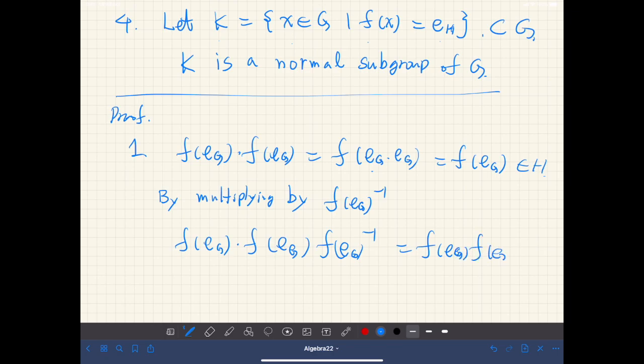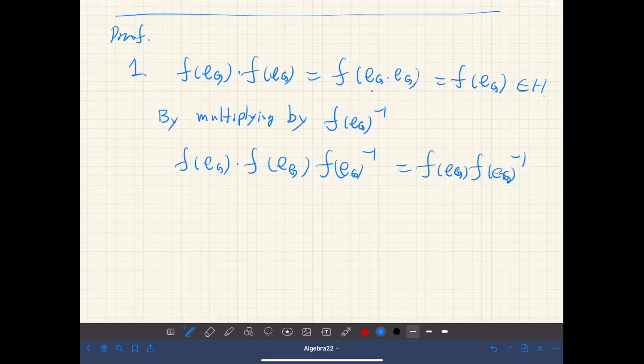But this is equal to the identity element of H, and this part becomes the identity element EH. But since this is the identity element, we have F of EG is equal to EH. So here it is.